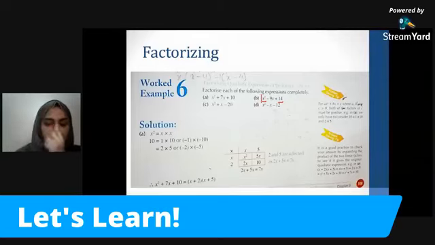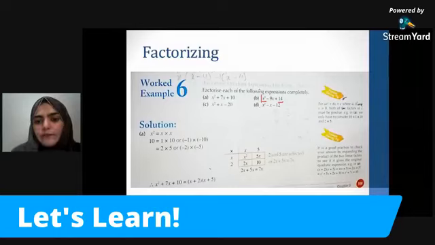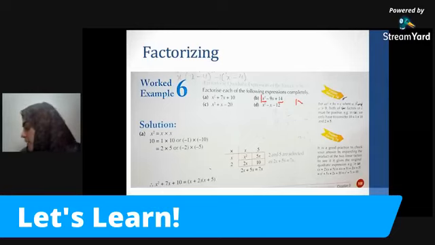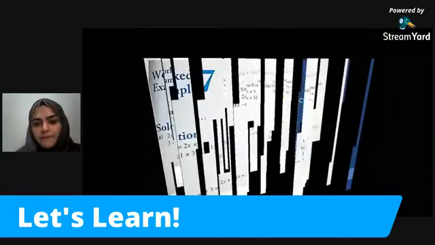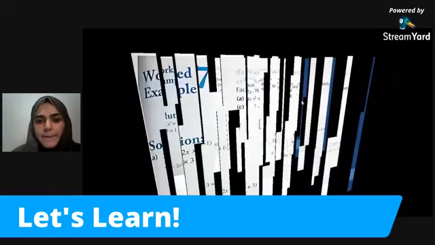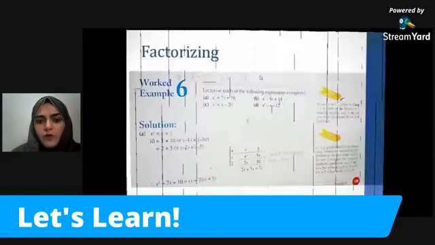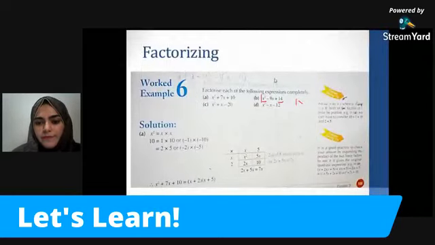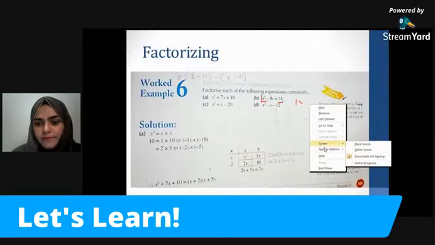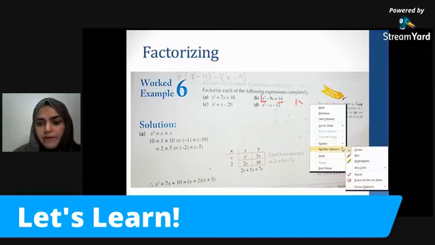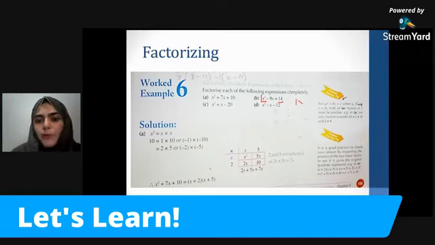Now my second step is I will take the number along with the x squared, that is 1, and I will multiply it with 14.